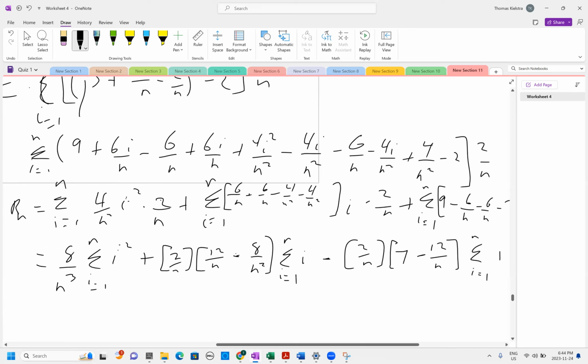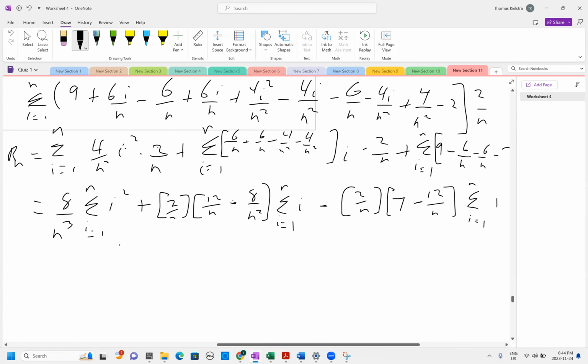And at this point, what we can do is replace the sums with their equations.